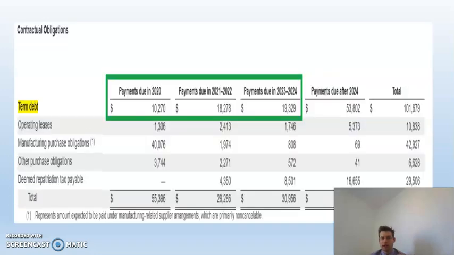In the case of Apple, type in Control F on the filing and look at contractual obligations. You can see there's nothing really in the next couple of years in terms of debts that are upcoming. But you just look through that. It's a quick and easy thing you can do.